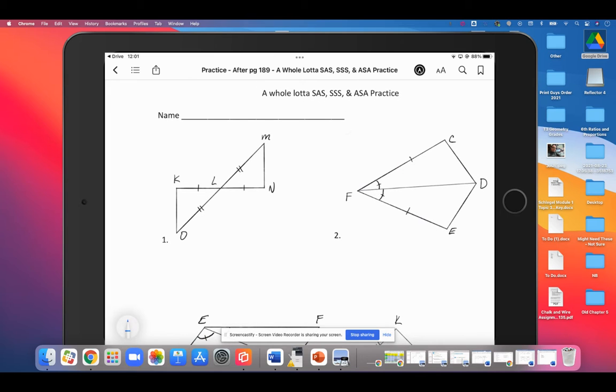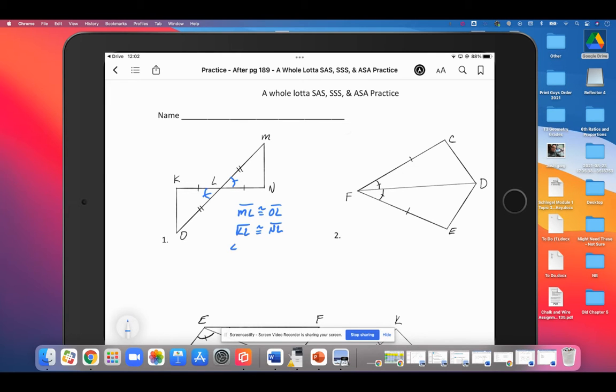We're basically asked to prove if these triangles are congruent, and if they are, what method we use to do that. So I'm going to say that ML is congruent to OL. I can see that in the figure. I can say that KL is congruent to NL. I can see that in the figure, and I can also see that I have vertical angles here.